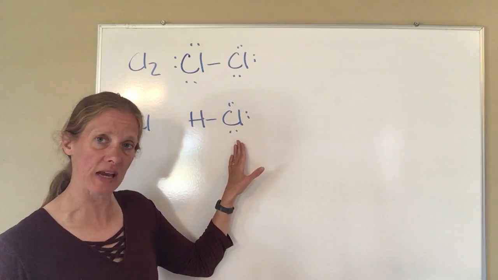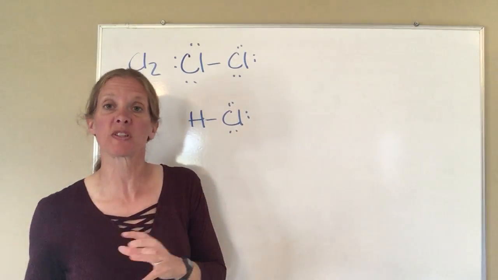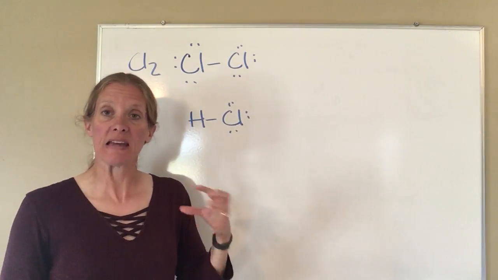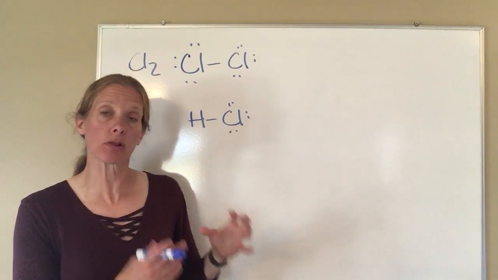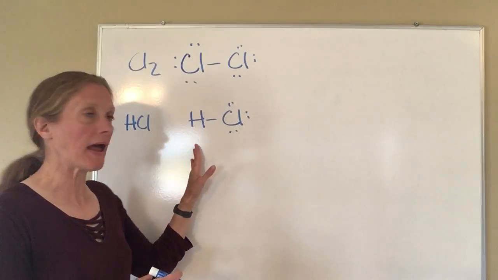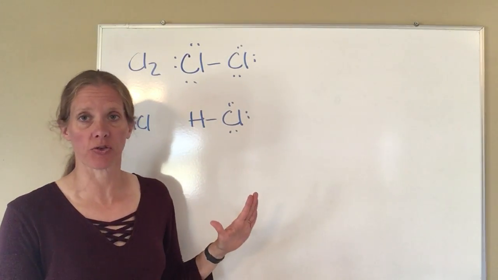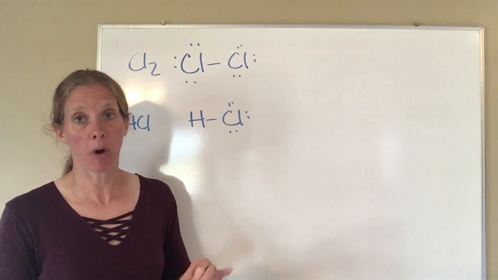Now, what happens when that's true? Well, in ionic bonds, we said that if the electron was completely transferred, then the chlorine would have a -1 charge. If the hydrogen completely lost the electron, it would have a +1 charge. Well, this hasn't been a complete transfer. The chlorine doesn't have it all the time, it only has it part of the time.